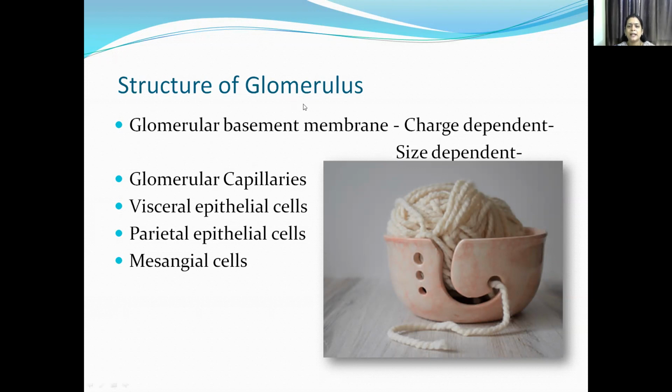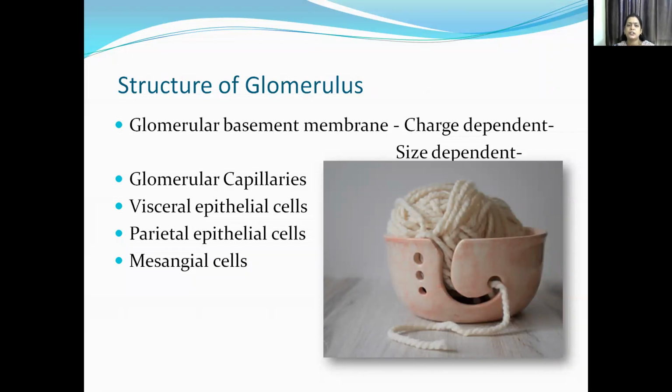Now, the glomerular basement membrane. The glomerular basement membrane has a central electron dense layer, and then the outer and the inner electron lucent layers. Because of that structure of the glomerular basement membrane, it has filtration efficiency.